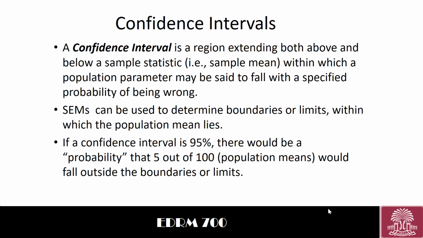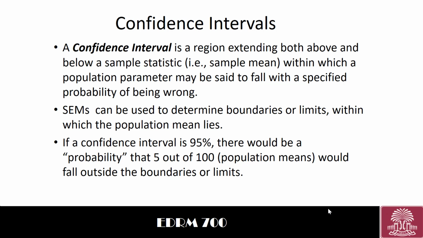Confidence interval is a region extending both above and below a sample statistic, within which a population parameter may be said to fall with a specified probability of being wrong. Standard error of mean can be used to determine boundaries or limits of the confidence interval. The confidence interval is set up by researchers.